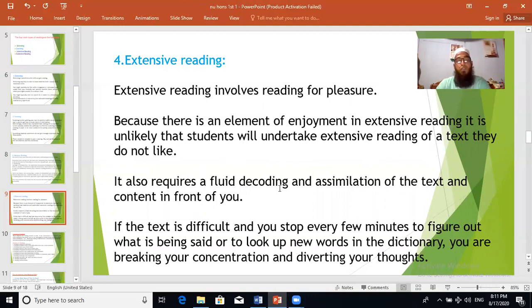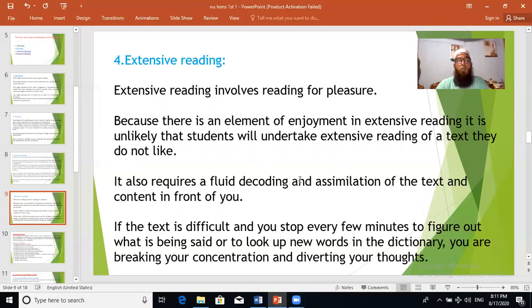It also requires a fluid decoding and assimilation of the text and content in front of you. That means when you are reading a text or a story, there are some ideas and knowledge that should be decoded. I mean, you need to understand the text.